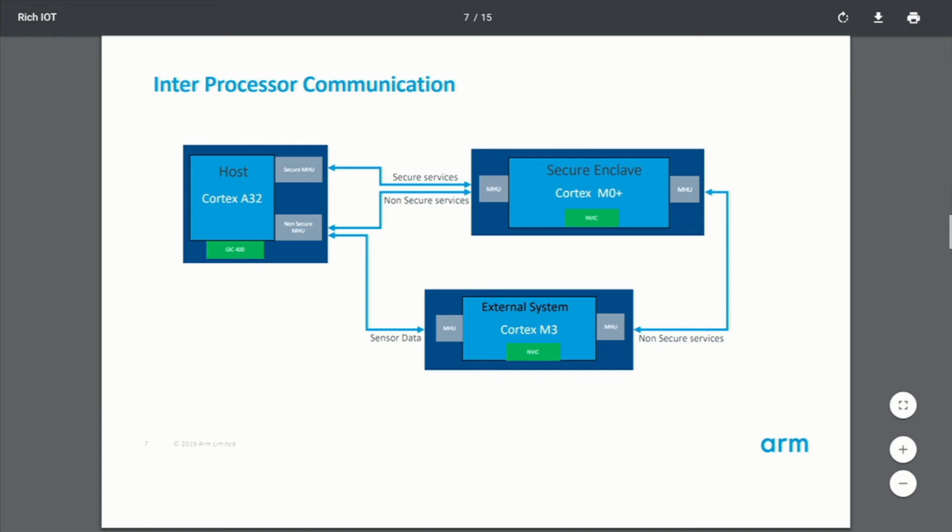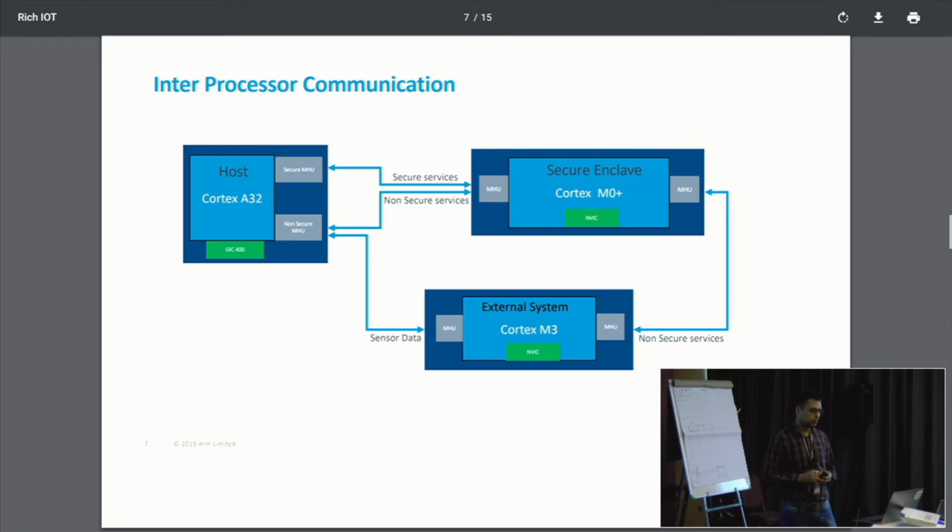Non-secure services could be anything, like if you want to do some kind of power management using this, or if you want to check the status of something in Secure Enclave. External system basically has MHU communication and has to take the instructions from host CPU. Even the boot of external system is controlled by host system.